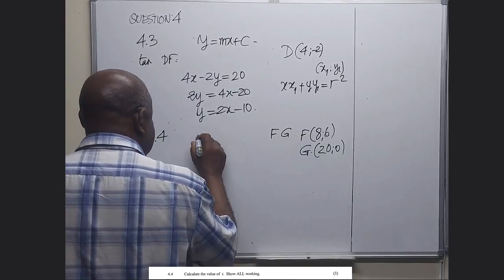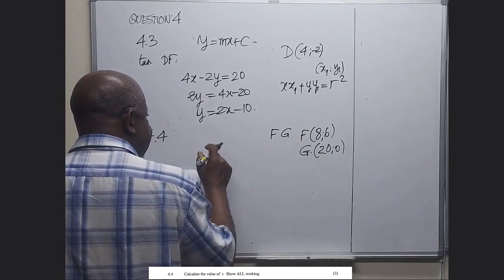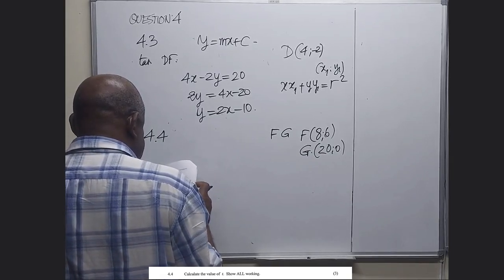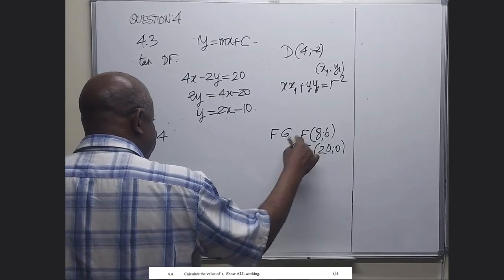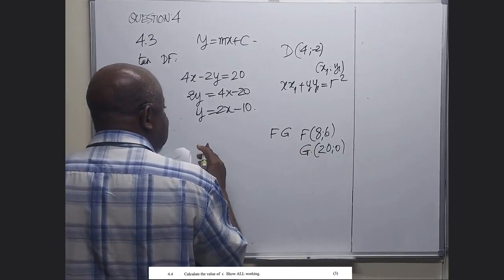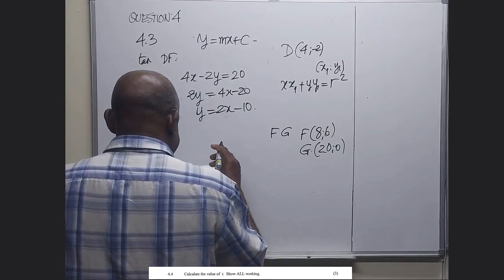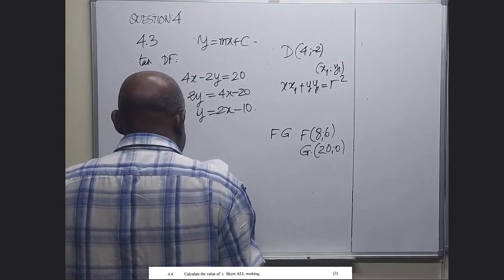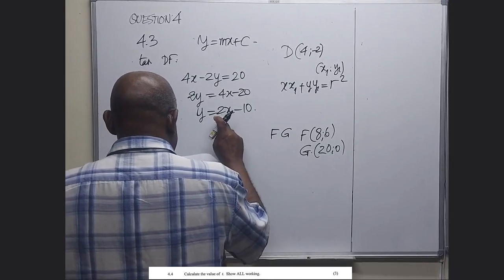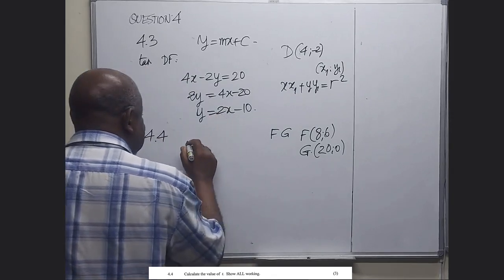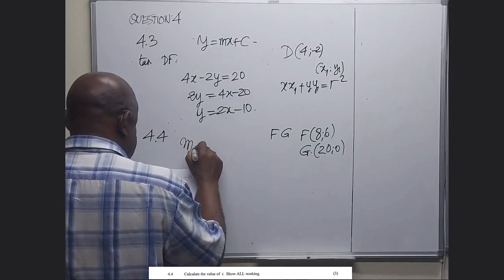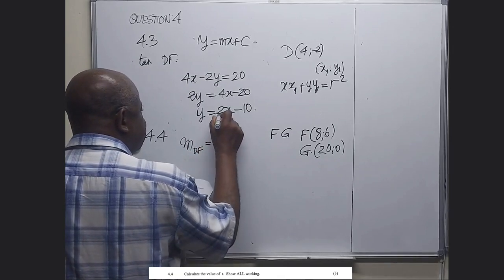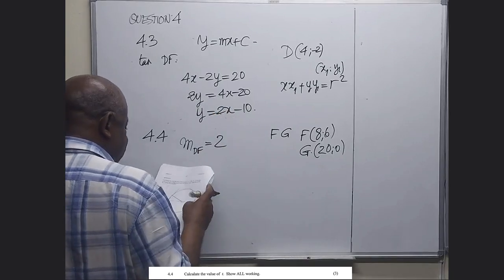Let's consider the common tangent. The gradient of the tangent DF is 2. You can see here it is 2.